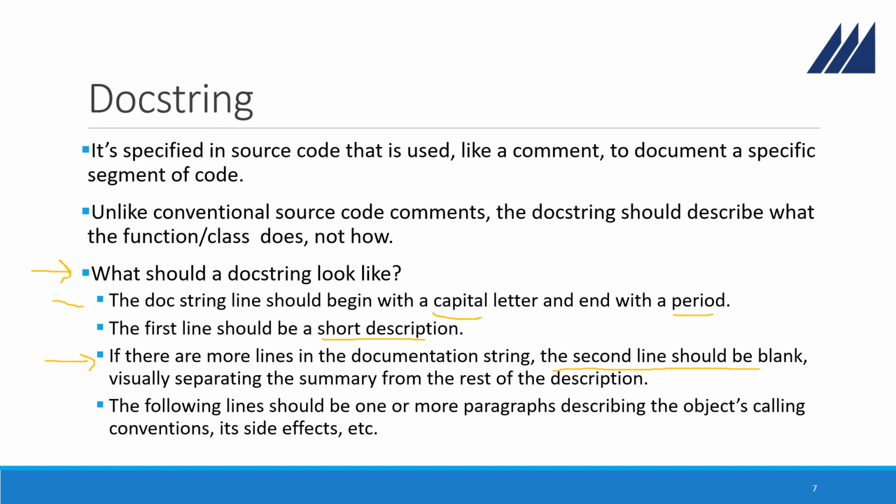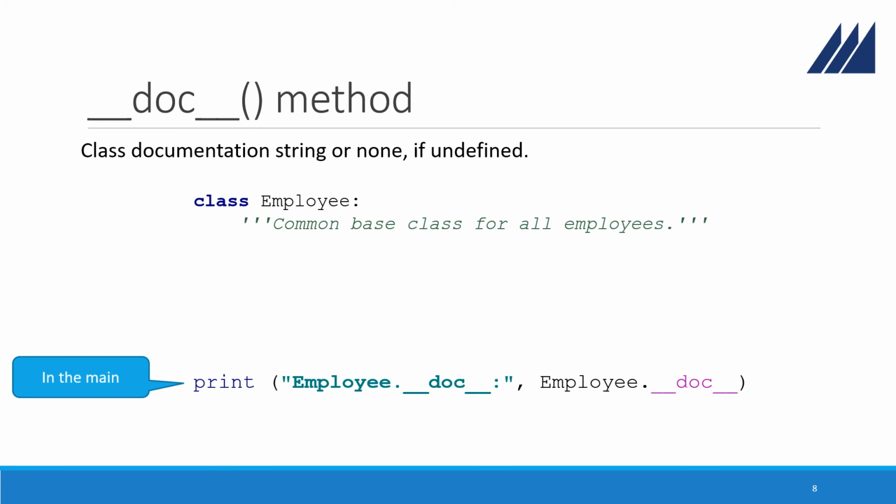This gives you a separation between the general description of the thing you're trying to document and the details about it. After that empty line, depending on how much description you want to write, you will have a paragraph or maybe a couple of paragraphs that describe what the object is going to do.